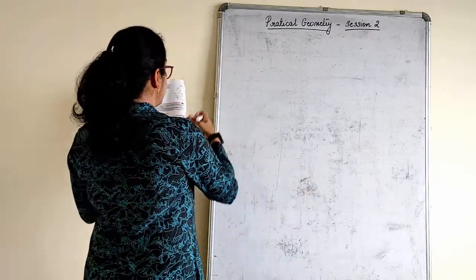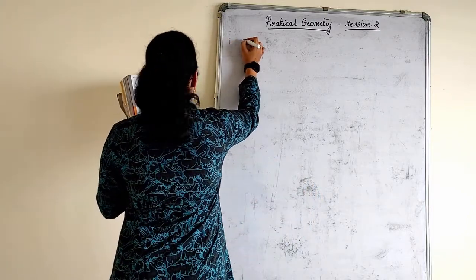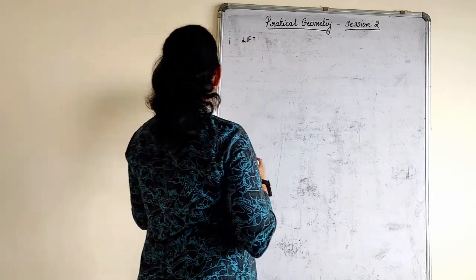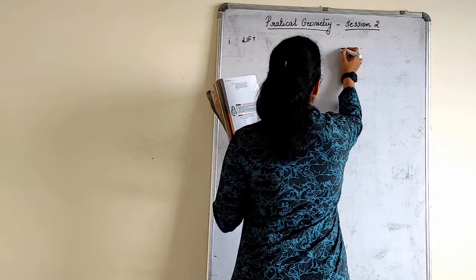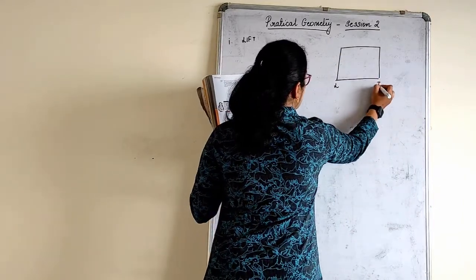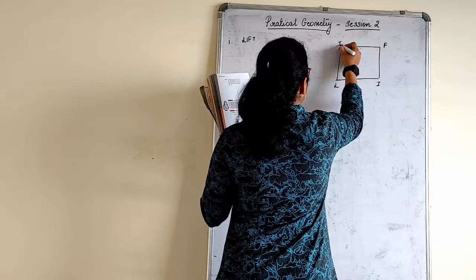Second exercise. Construct a quadrilateral LIFT. So again, all the sides, and let us see how many diagonals are there here. This is the rough diagram of quadrilateral LIFT.